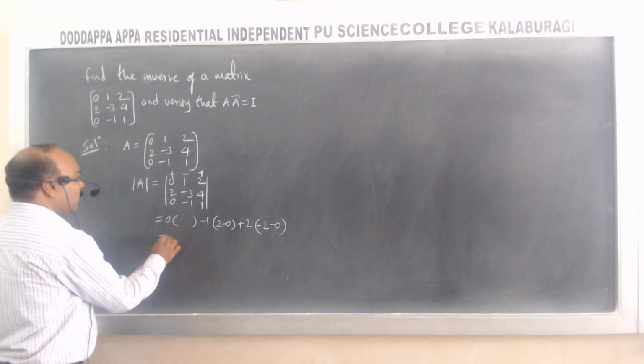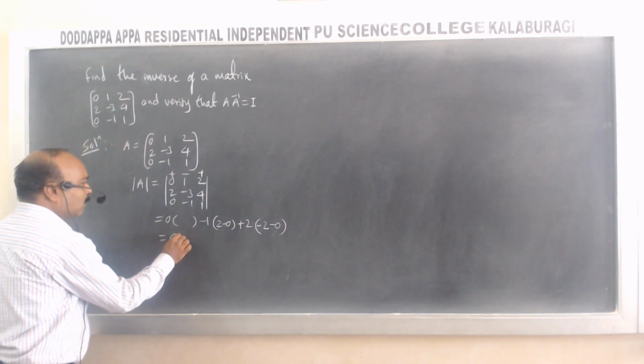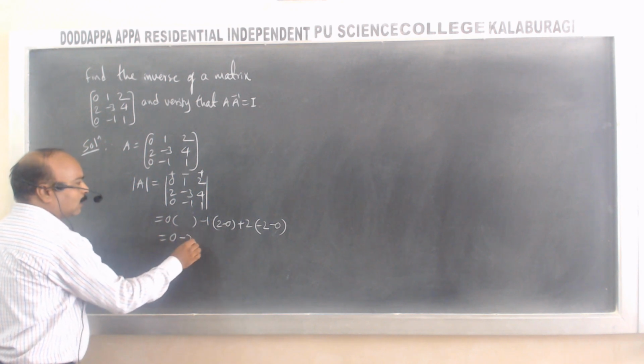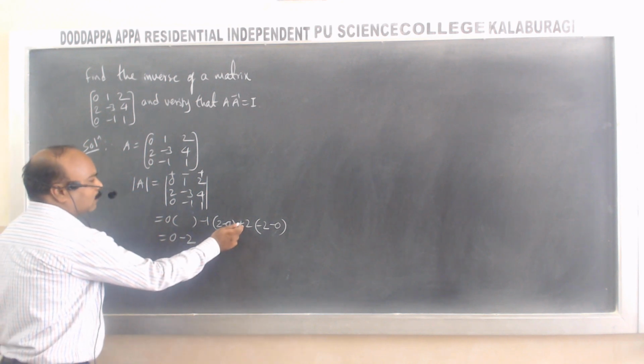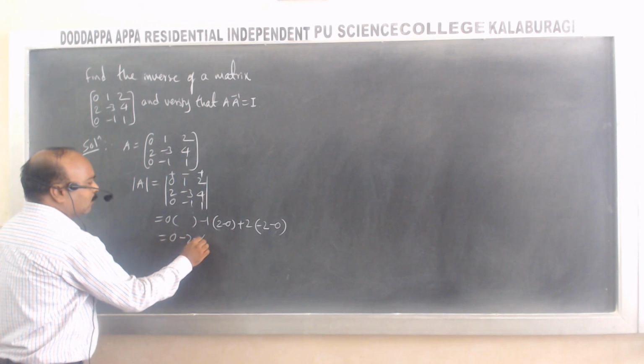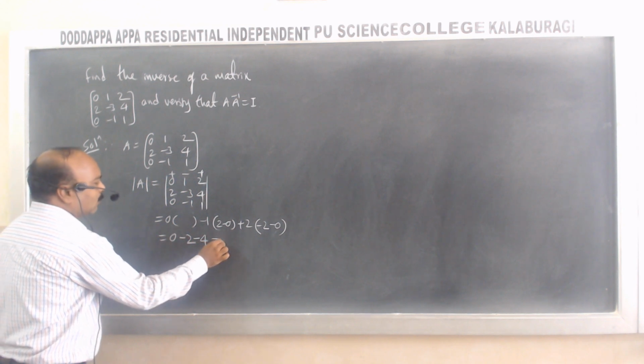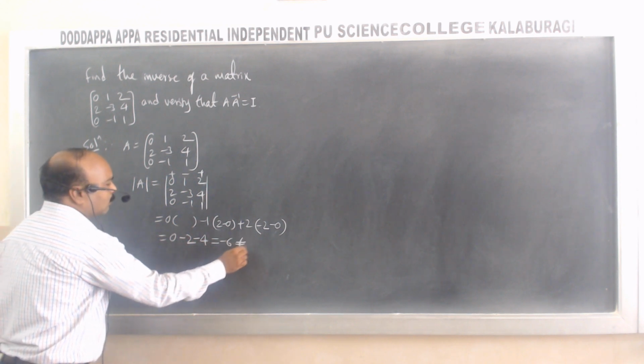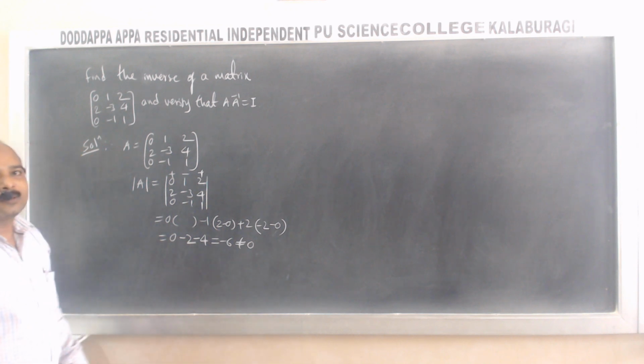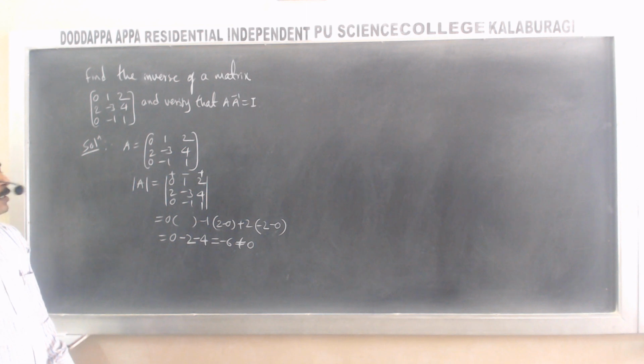So it is equal to 0 minus 1 into 2 is minus 2, minus plus into minus is minus 4. So it is equal to minus 6, which is not equal to 0. Therefore it is a non-singular square matrix, and the inverse of this matrix will exist.